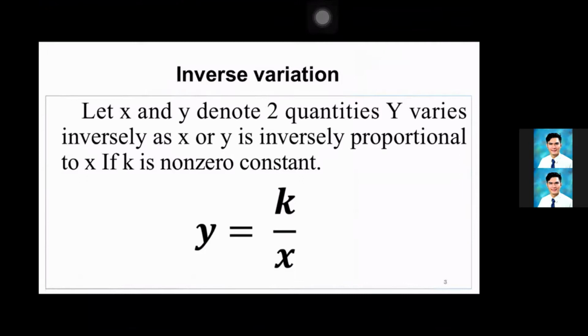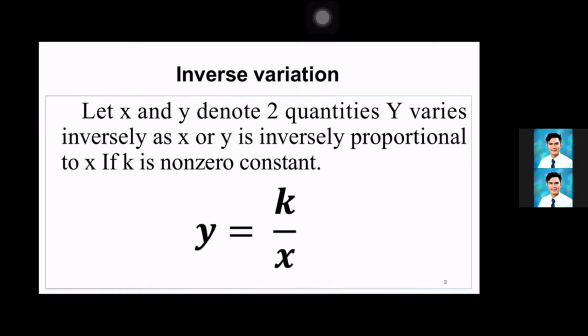opposite of direct variation, where, according to here, we have: let x and y denote two quantities, where y varies inversely as x, or y is inversely proportional to x, if k is a non-zero constant number.